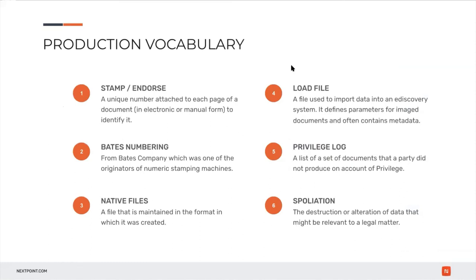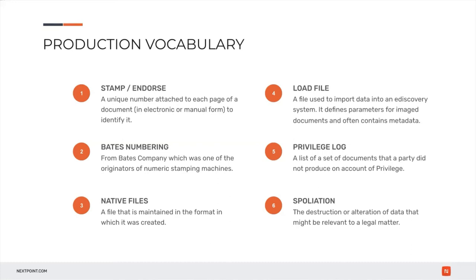Some production vocabulary. Most of these we've either touched on a little bit or are familiar with already. Stamping and endorsing goes along with Bates numbering. It is a unique number attached to each page of a document in an electronic or manual format to identify it.